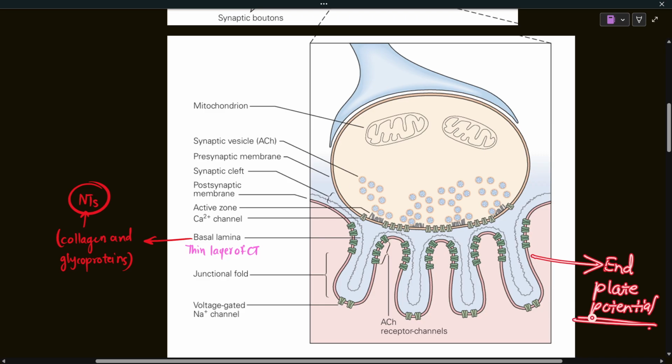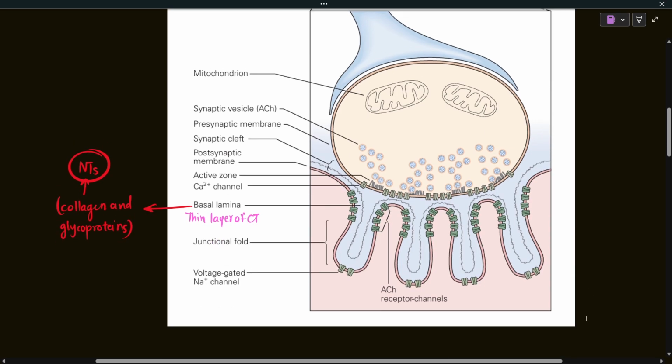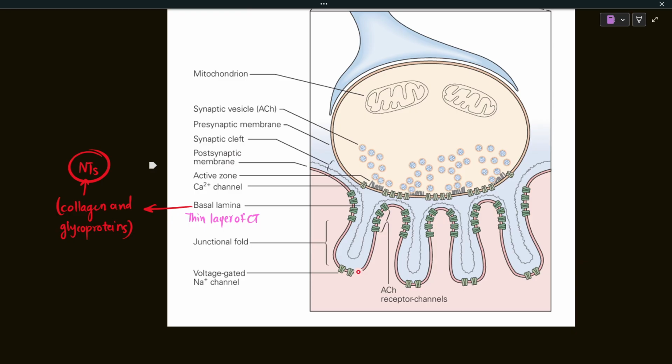If you have learned about graded potential and action potential, you will be able to answer this question. What kind of potential is the end plate potential? Well, end plate potential is the graded potential.